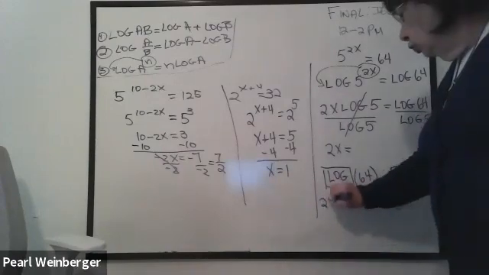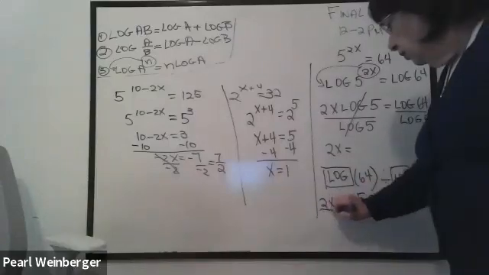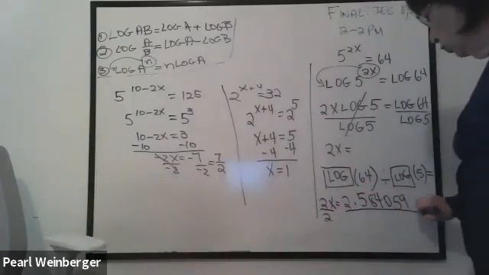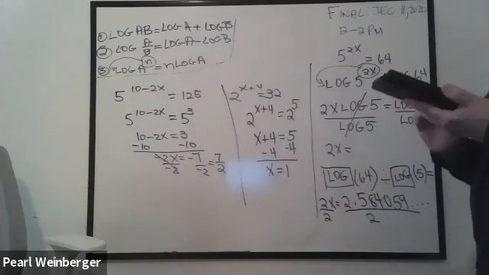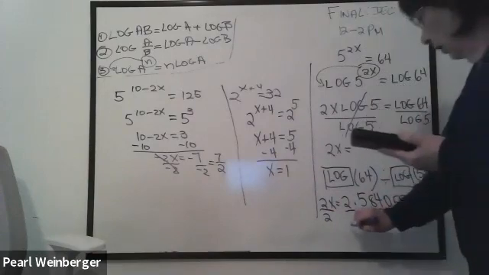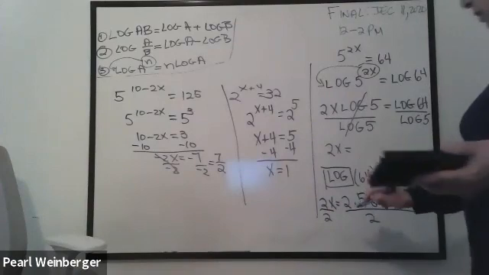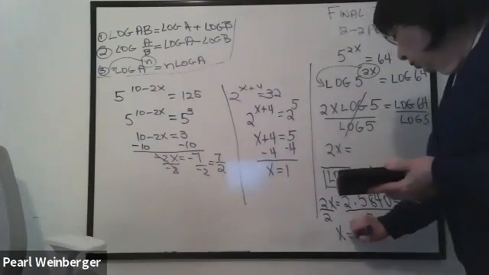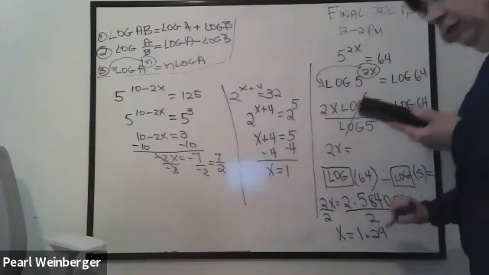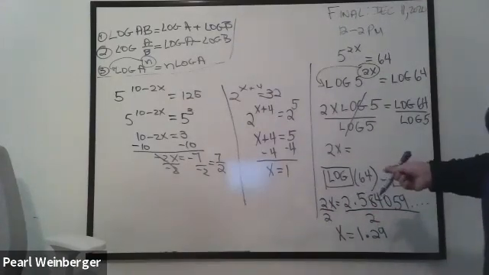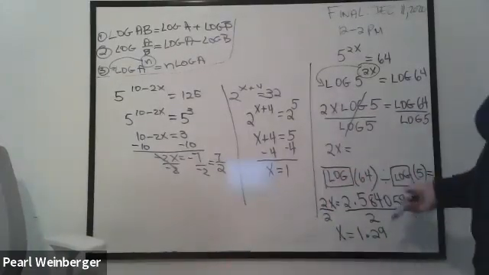And this is what my 2x is equal to, but I don't want 2x, I want to find out what x is, so now I'm going to divide both sides by 2. And my answer, obviously, is not an even answer, it's coming out to a decimal. I get x equal to 1.29, let's say to 2 decimal places. They will usually tell you to round off either to the nearest hundredth or the nearest tenth.